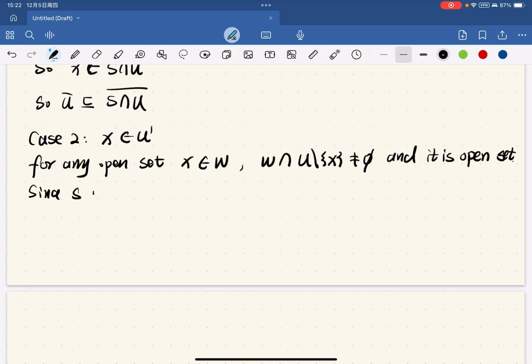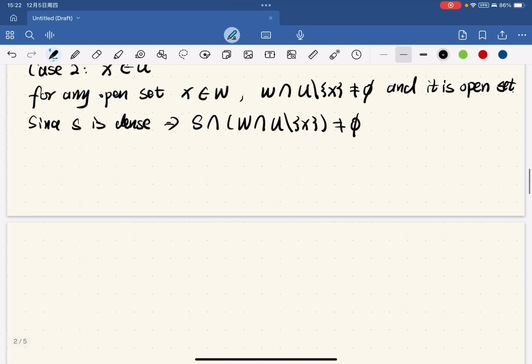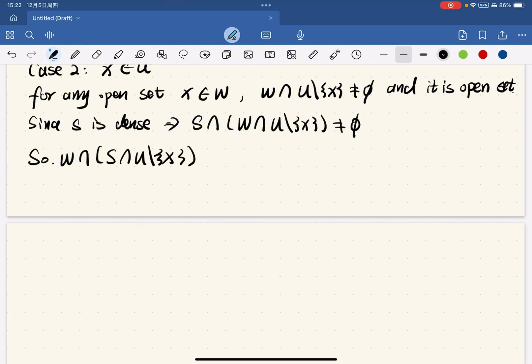Since S is dense, the intersection of S and this set is not empty.